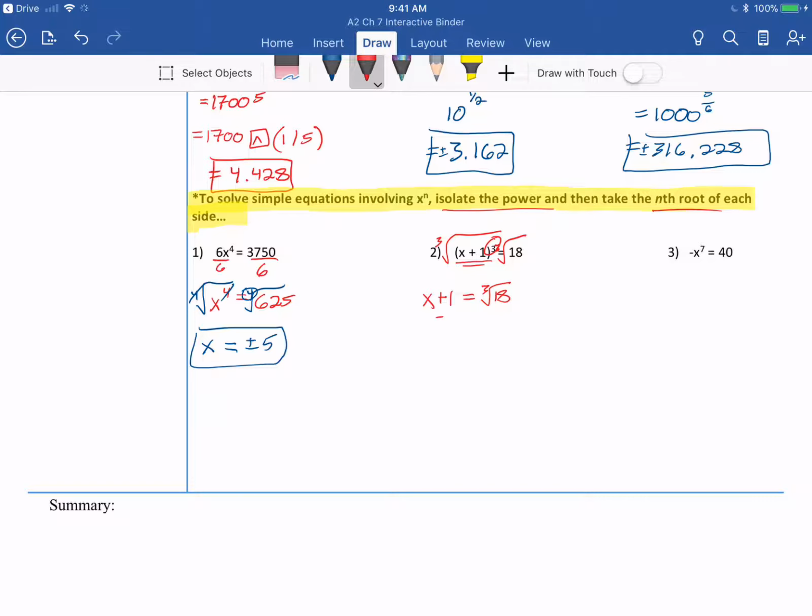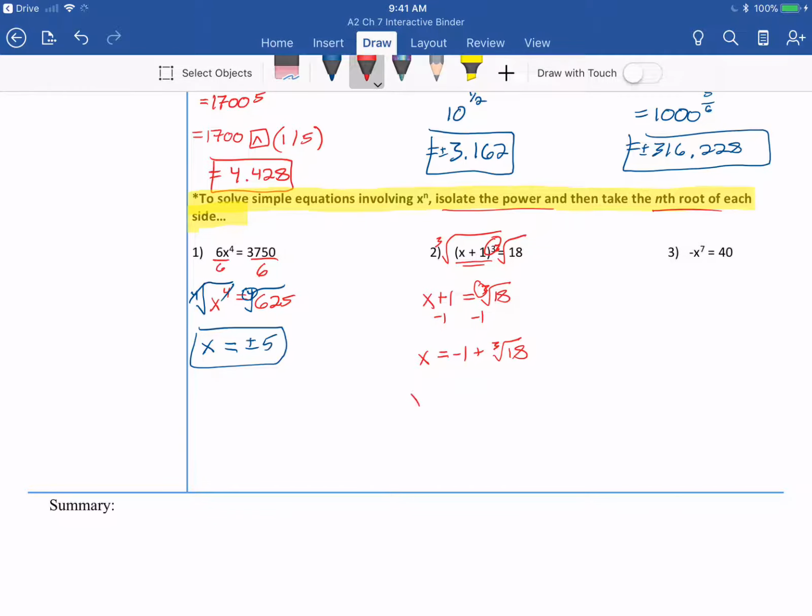All right, so now I subtract the 1, I subtract the 1, x equals, and remember I like to put this -1 first, and then it's not plus or minus because this is odd, right? So it's just plus the cube root of 18. All right, and if you left this as an answer here, that's fine. But your homework and things like that is asking you to give it to you for 3 decimals.